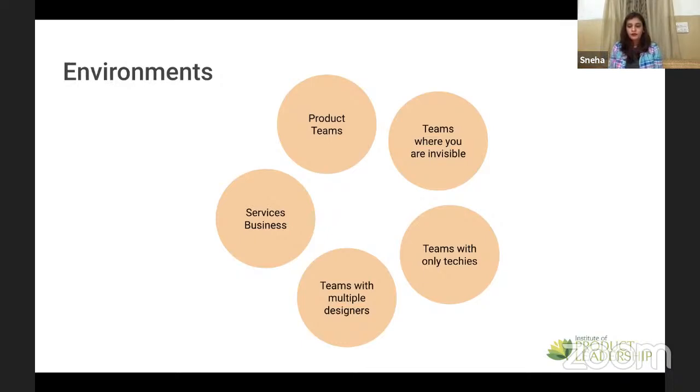Teams with only techies, this one's fun. Here, you may find it tough to get buy-in into your process. So the best way is, from day one, ask them what they're doing with technology and in parallel build the document. Then give it to them and say, you know what, these are my thoughts. Let's also bring in an SME and talk about it. If they don't have an SME, it's okay. Ask them what they think about it.